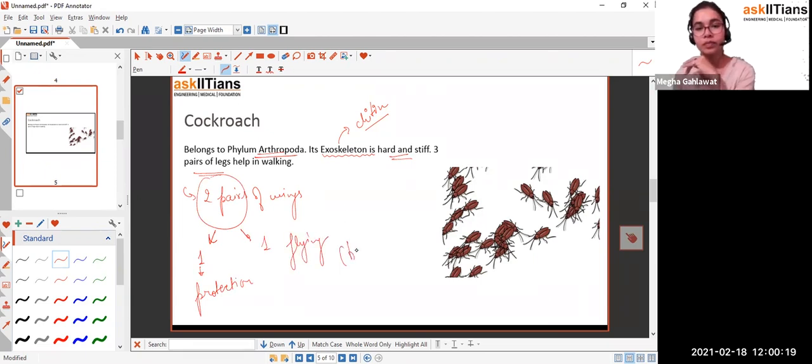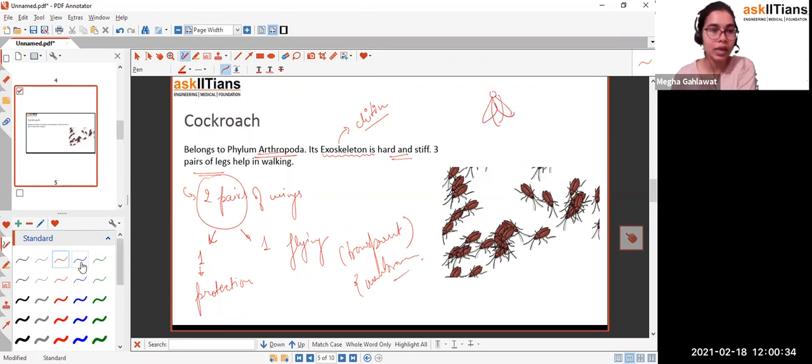Transparent and membranous. Right. So the thing is, if we draw the cockroach, it will have wings like this, and it'll have wings like this.